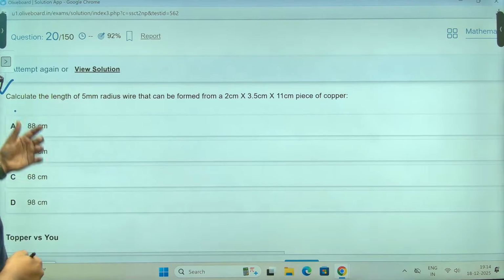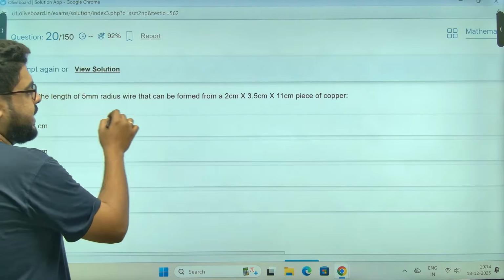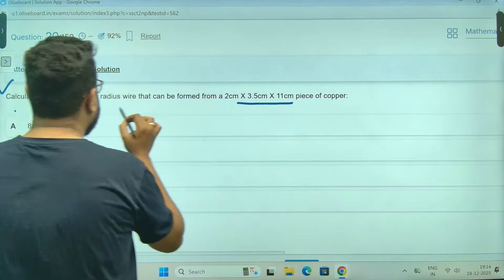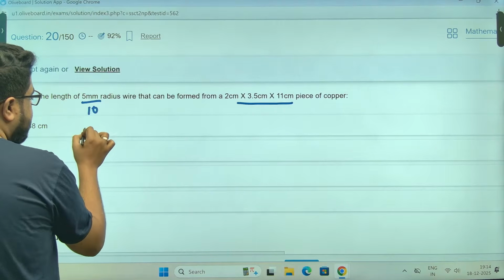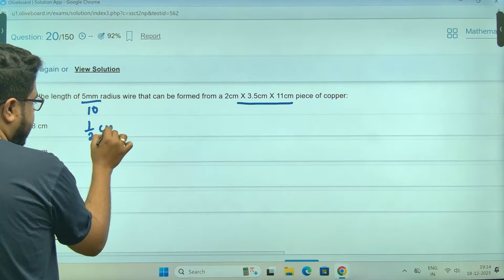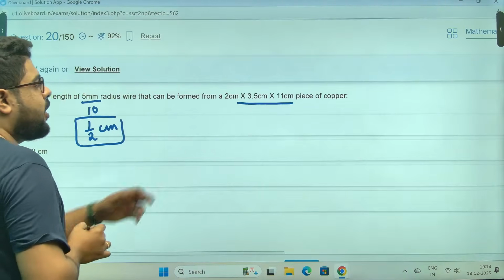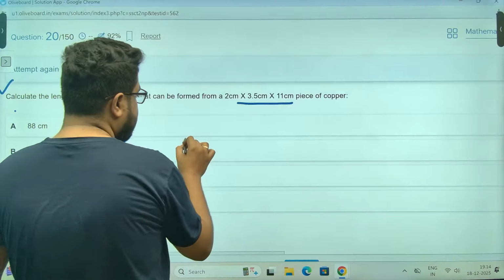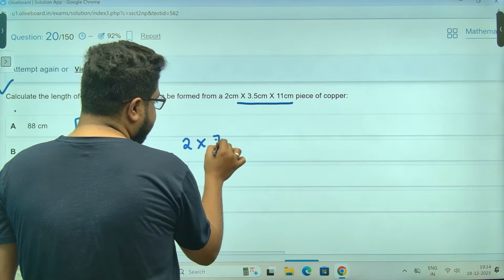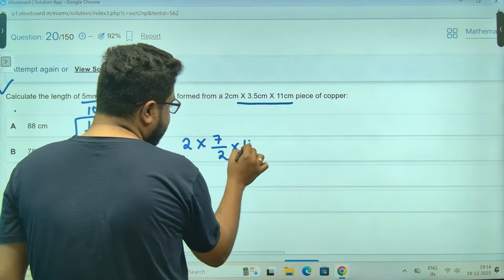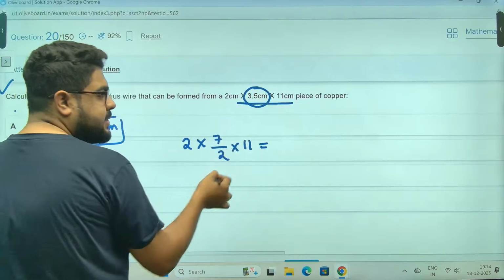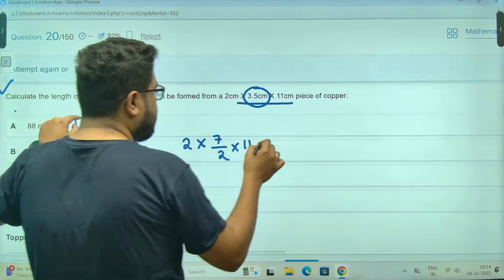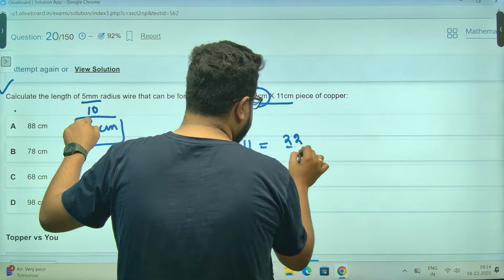Next one. Calculate the length of 5 millimeter. Everything is centimeter, this is millimeter, meaning divide by 10. So this is half a centimeter radius. Volume equals volume. Volume is 2 into 7 by 2 into 11, 3.5, it's 7 by 2, equal to pi, 22 by 7.